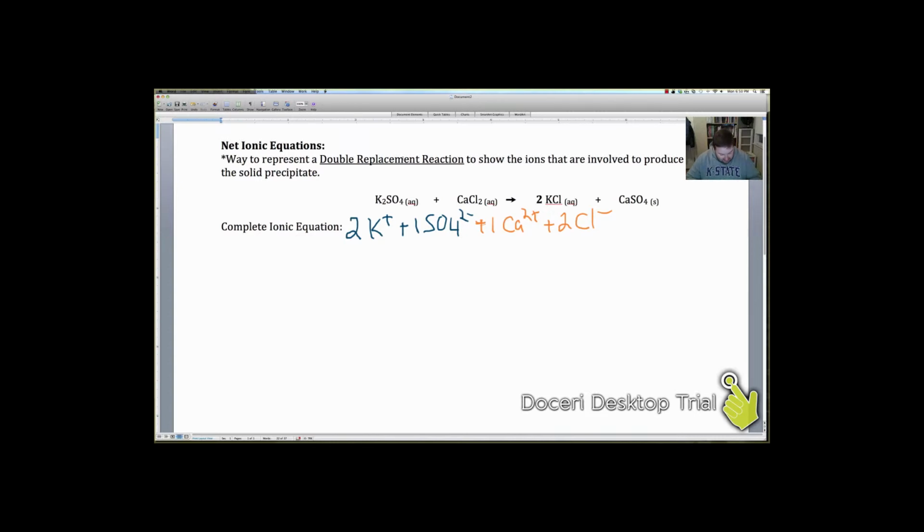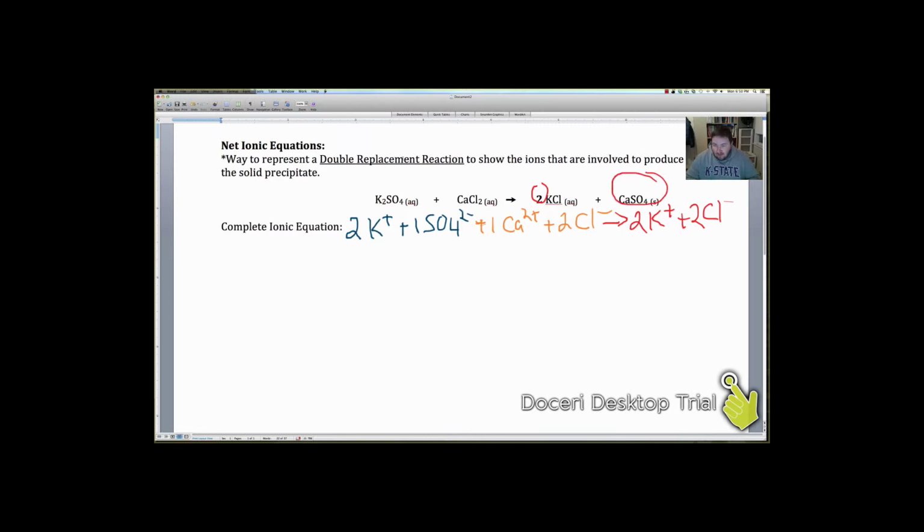So in this case, I'll pick a different color. Because of this coefficient of 2, I'm going to find out that I have 2 potassium ions with a 1 plus charge and 2 chlorine ions with a 1 minus charge. And then the last thing is this guy right here, the CaSO4 solid.